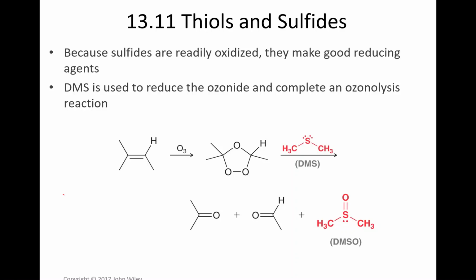And we noted that sulfides are pretty easily oxidized to sulfoxides and sulfones, and we can use this to our advantage in reactions. So if you recall, ozonolysis was discussed last semester. It's in chapter 8.